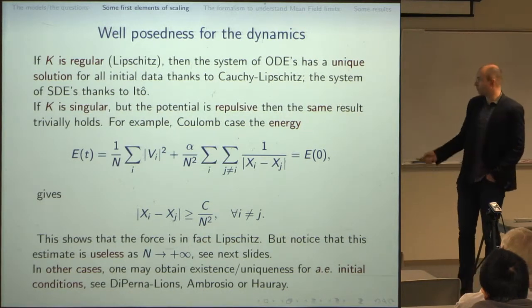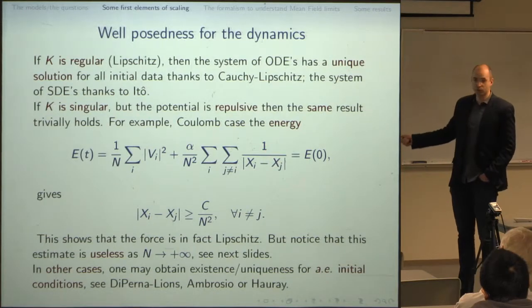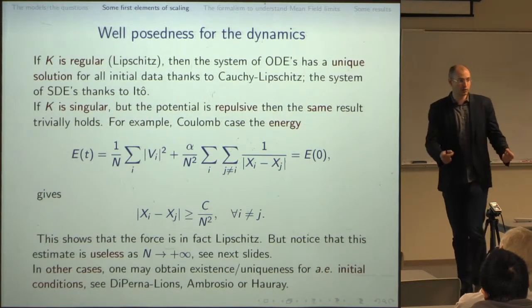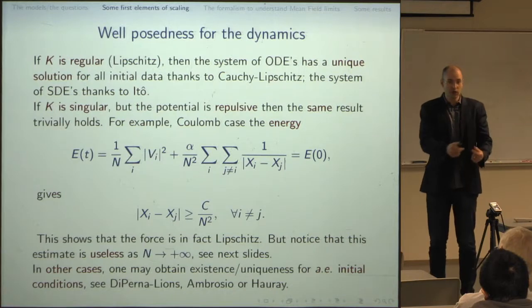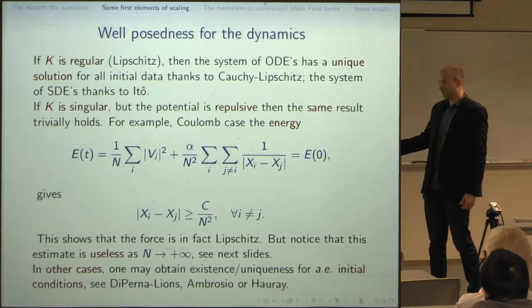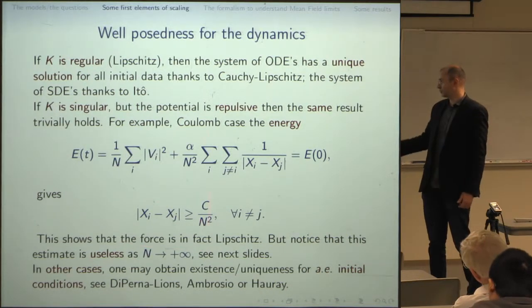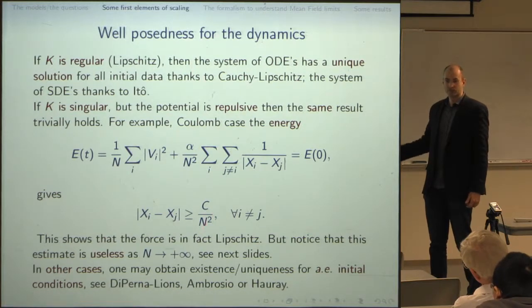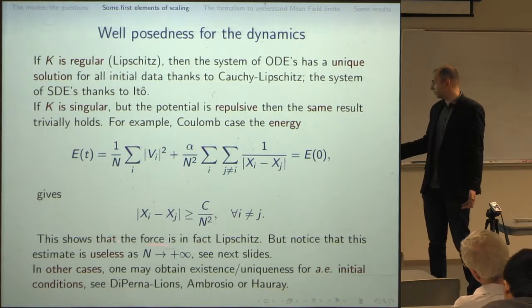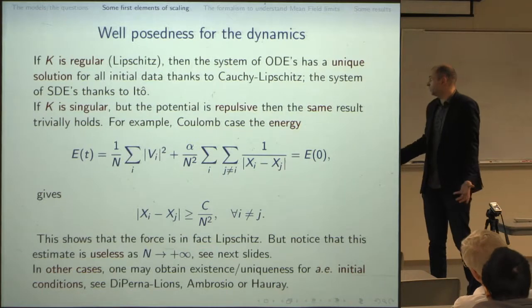So mathematically, even though the interaction is supposed to be singular, it's only singular when two particles are very, very close, and they can never collide. So you have well-posedness, because over the domain of the dynamics, the force is in fact Lipschitz.